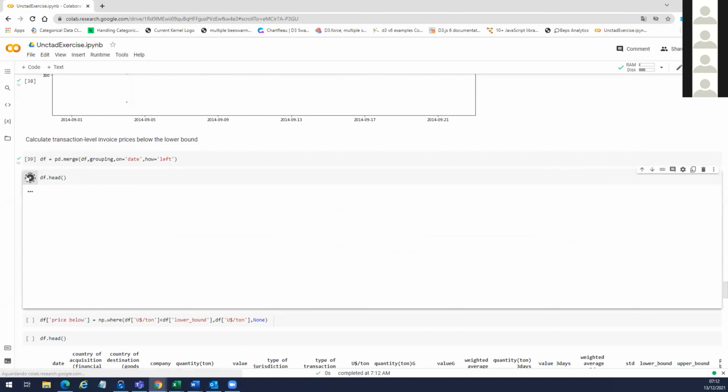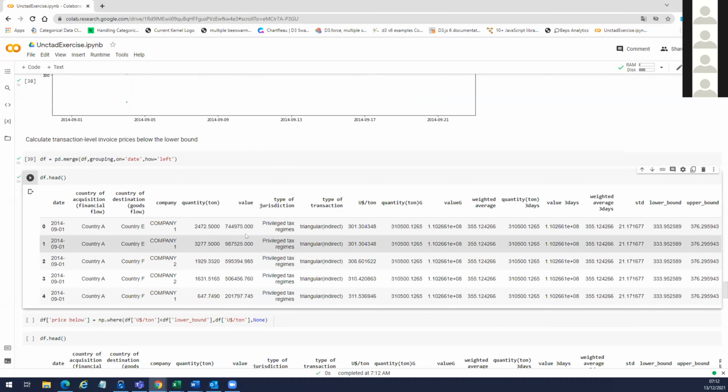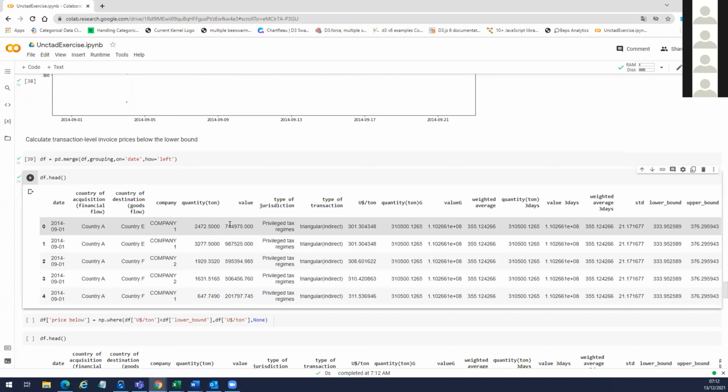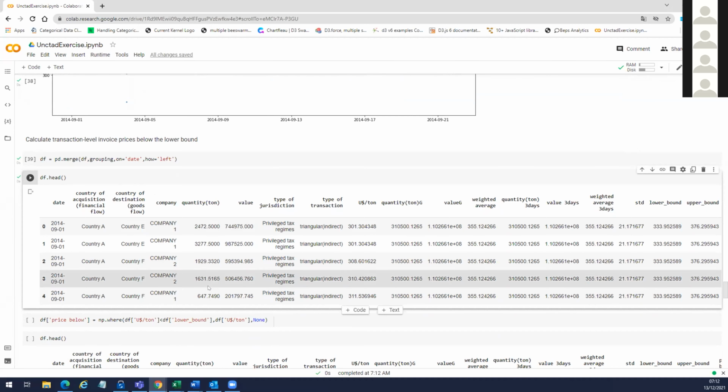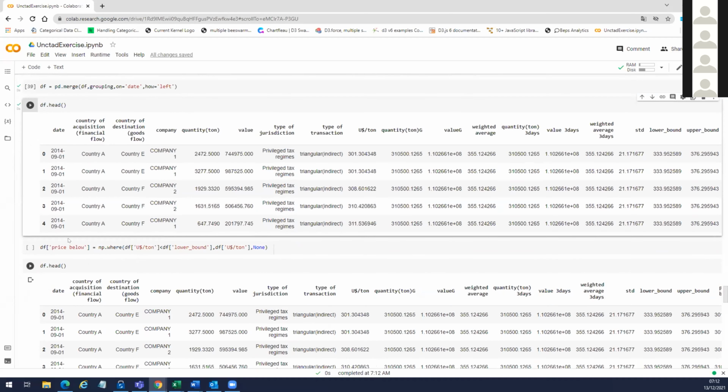Then our original database, each transaction now has a lower bound and upper bound. And then I will calculate which prices lie below the lower bound. This cell does this.